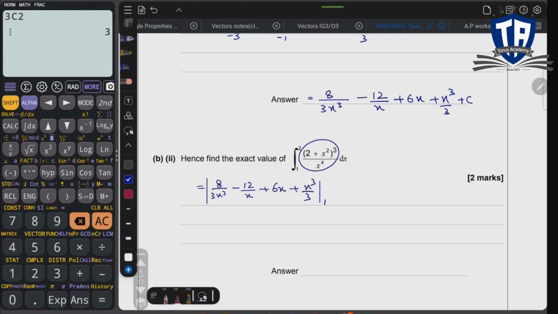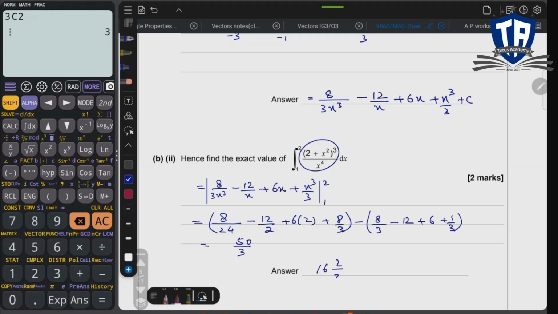When you substitute, it is 2 cubed, 8, 8 times 3, 24, 12 over 2 plus 6 into 2 plus 2 cubed is 8. By using the calculator, you can get the answer. The answer is equal to 50 over 3, which is 16 and 2 by 3.